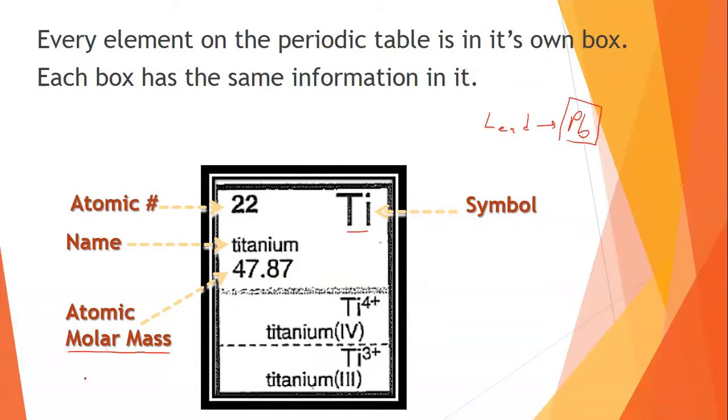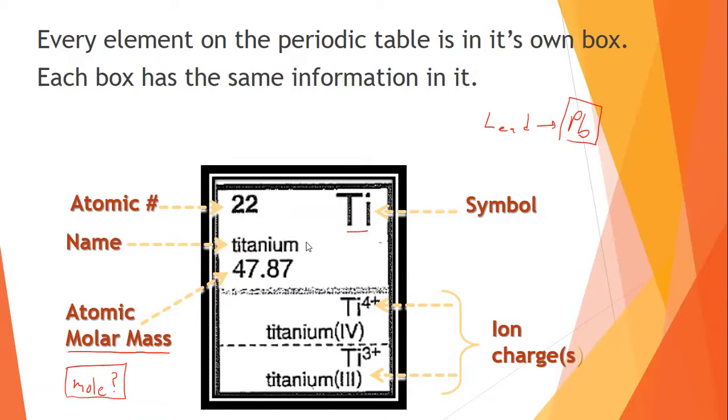Now, what's a mole? Okay, we will look at what a mole is in detail later on. But this is called the atomic molar mass. And again, there are formulas that we will use where we need to know that.